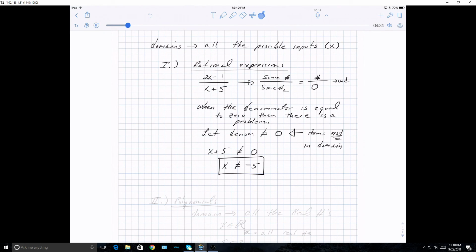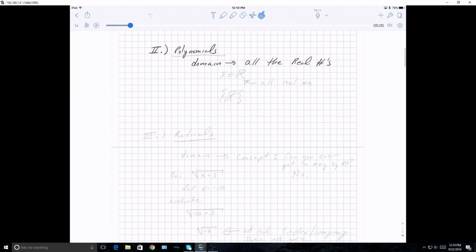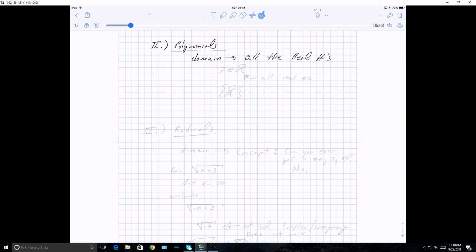All right, well, let's take a look at the secondary case here. And let's actually just look at polynomials themselves, the easiest case. Well, the polynomials, their domains are really easy. The domain is all the real numbers. And we use a notation to talk about this, and we can use several different types of notations.